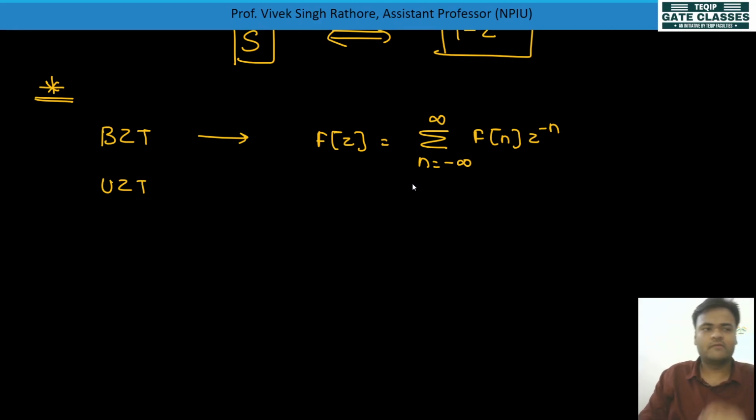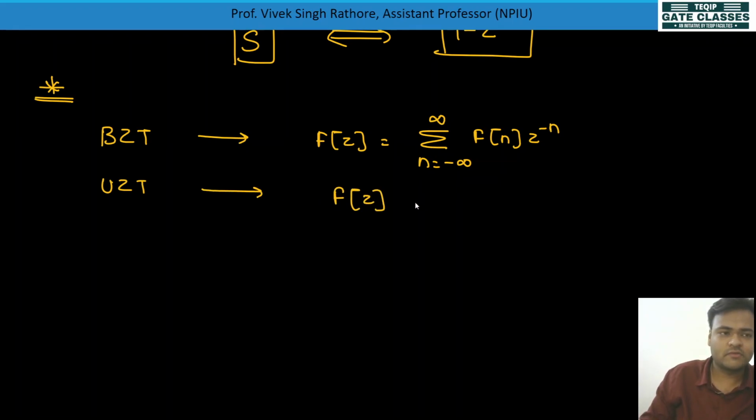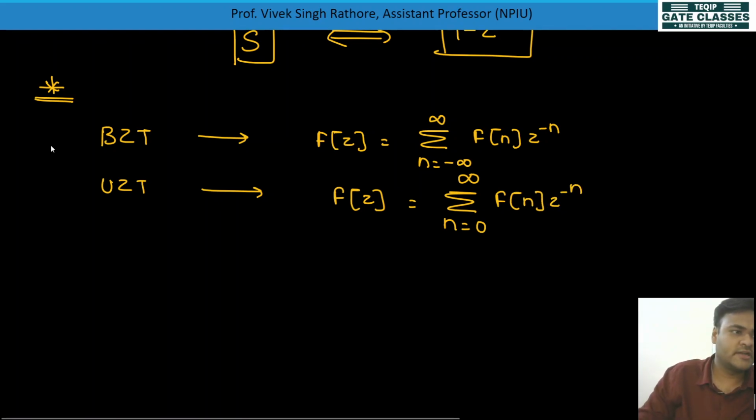This is the formula by which we take the Z transform, and it is bilateral because we are taking the values from n equal to minus infinity to plus infinity. For the unilateral Z transform, we take n equal to 0 to infinity, not any negative value, only from 0 to infinity of f of n z to the power minus n. This is the unilateral Z transform.